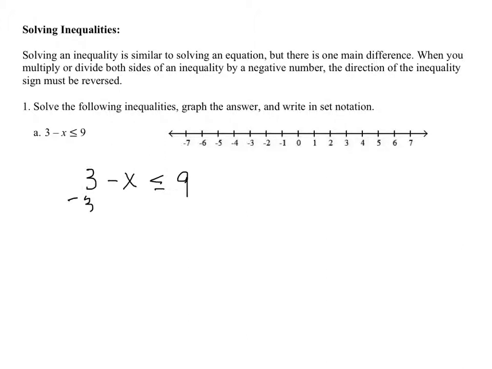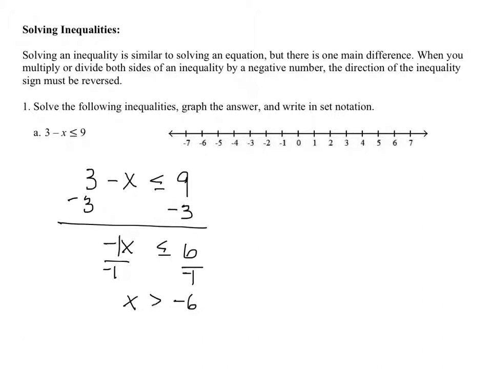I'm going to subtract 3 from both sides, just like normal. Realizing I have a -1 in front of the x, I'm going to divide both sides by -1. But that will reverse my inequality sign. Now why?